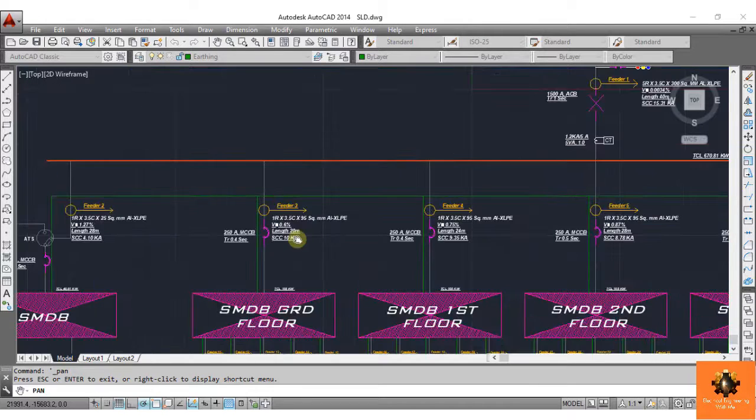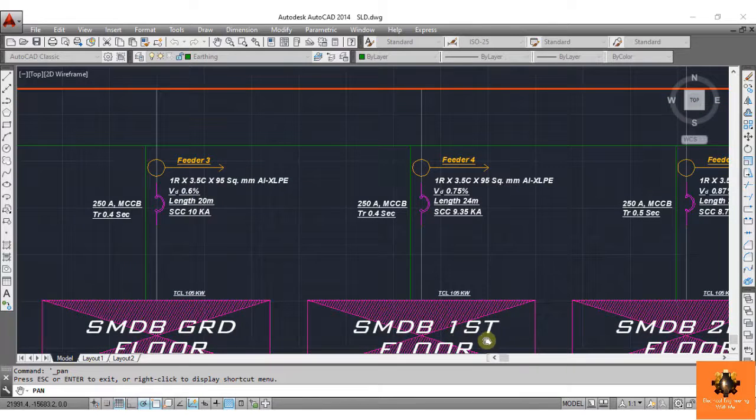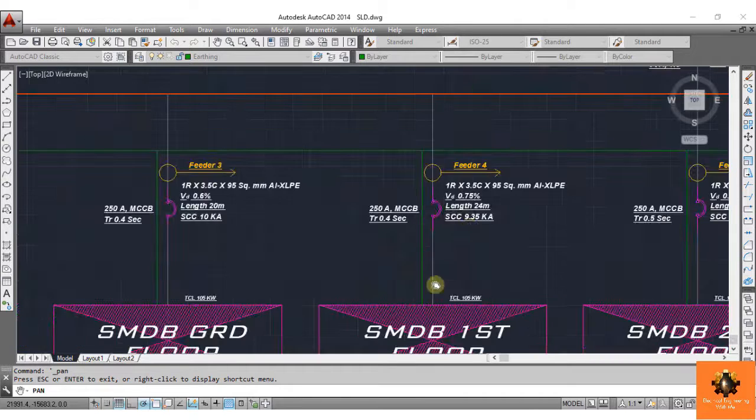So the cable connecting the main distribution board to this SMDB is considered as 20 meters of length. And the size of the cable is 1 run 3.5 core of 95 square mm aluminium XLPE cable. Similarly, this SMDB is installed at first floor. Then the cable length from main distribution board to this SMDB will be more than the length of the cable for ground floor.